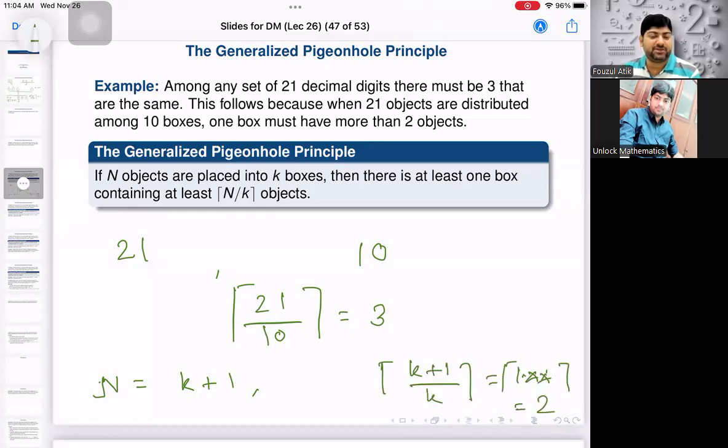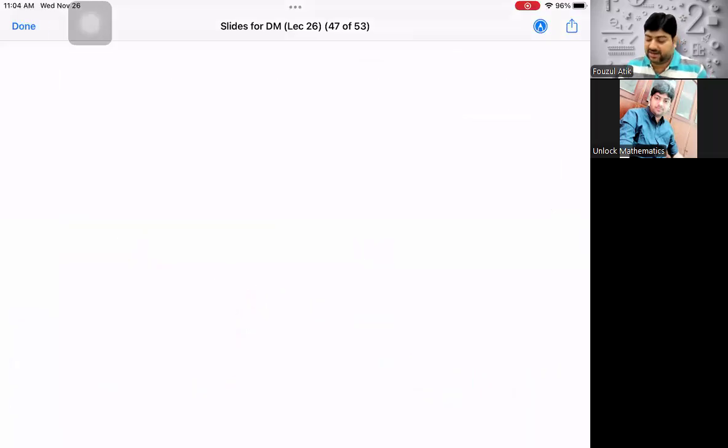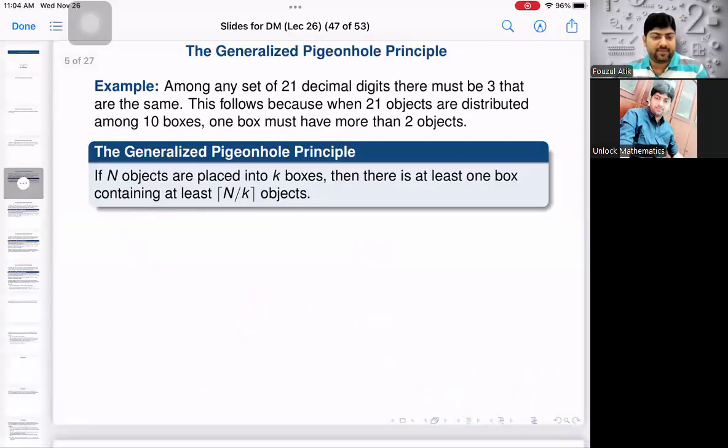So it is coming out like the pigeonhole principle. If k plus 1 objects are placed into k boxes, then there will be at least one box which will contain two or more objects. So this is coming from the generalized principle only. That is why the name of this rule is the generalized pigeonhole principle. I hope this is clear. Now let us understand through some examples.